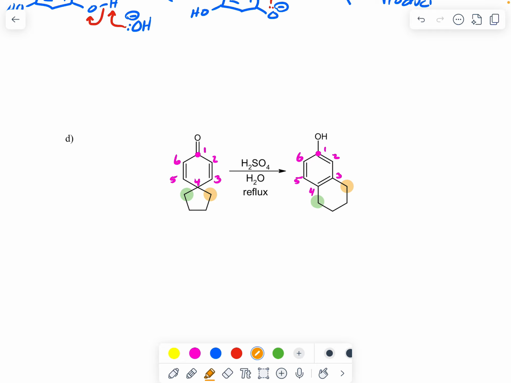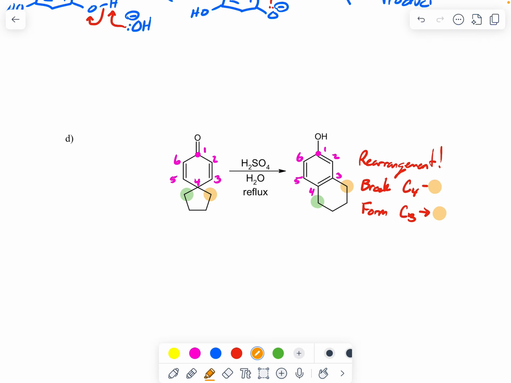So in this reaction, we're actually going to have a rearrangement occur, where the rearrangement that we're talking about is moving the ring from a 5 to a 6-membered ring and breaking the C4 to the orange carbon's bond and form the C3 to the orange carbon.